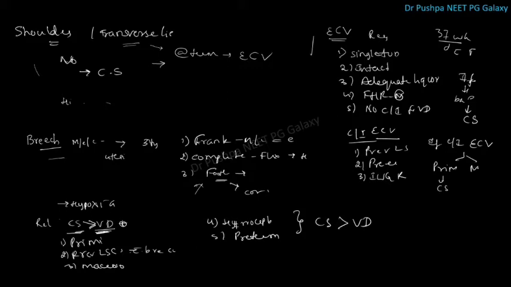In case of multi, we can do assisted breech delivery. There are two methods. Lovset's maneuver, in case of extended arms. Second one is Pinard's maneuver for extended legs.